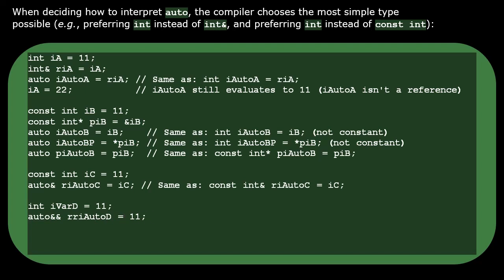Whenever this auto type shortcut is programmed with two ampersand symbols, the compiler will look at the type of the initialization value. In this case, that initialization value is an R-value. Therefore, the type shortcut is the same as if you had programmed an R-value reference to int.